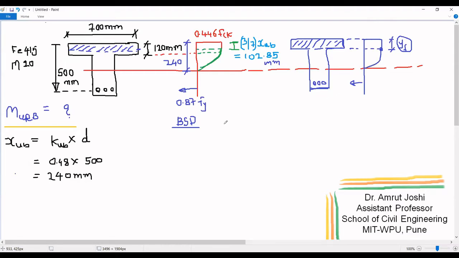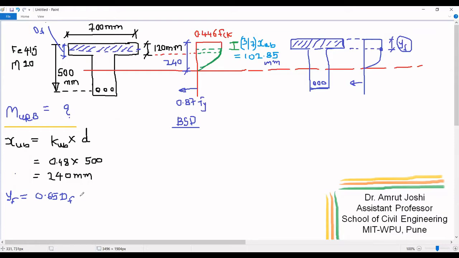Now how to calculate this YF? IS 456-2000 gives us a ready-made, tailor-made formula for this. YF is written as 0.65 times DF plus 0.15 times XU, where DF is the depth of the flange. If I were to mark DF, this distance is DF. In this particular case, DF is 120 mm.